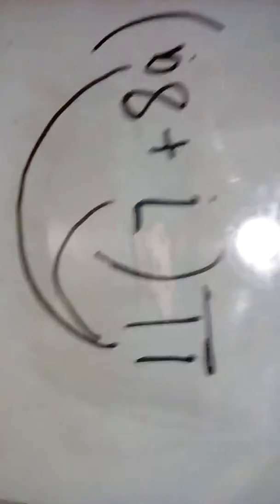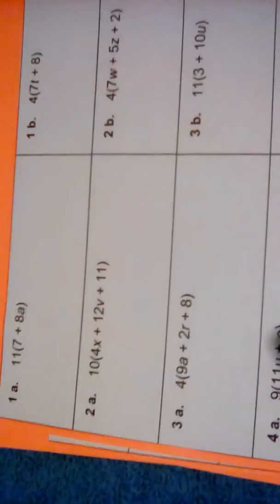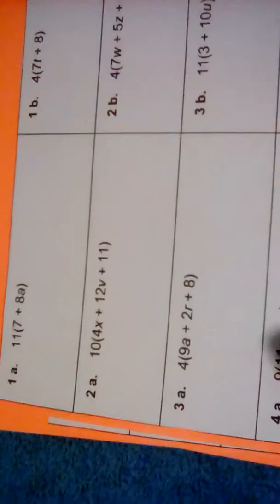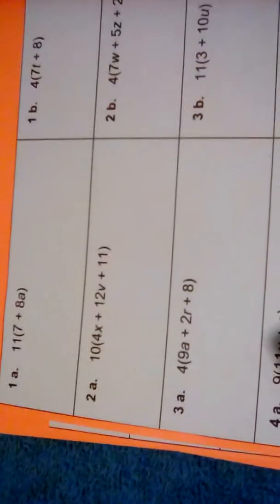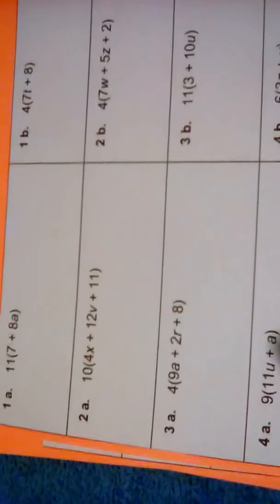Very, very simple. Now this other one, so that's the orange cards, okay? So for example, if I had that number 2 there, I would take 10 times 4x, and then I would take 10 times 12v, then I would take 10 times 11, and I would just write down the answers that I got for each one, and that's it. That's all you have to do for these, okay?